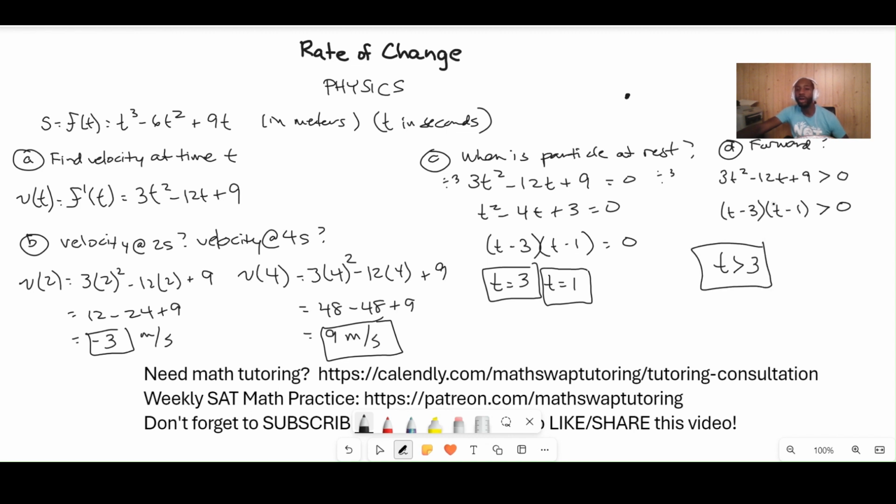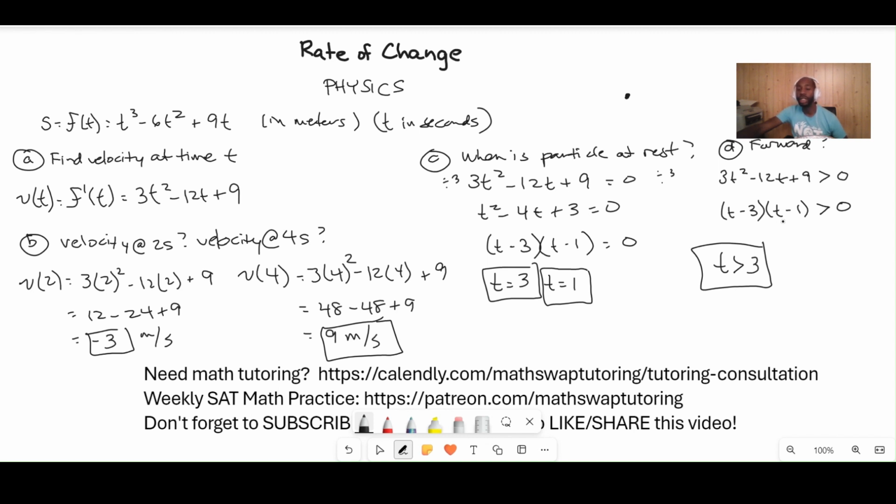So what about when we plug in 1? When you plug in 1, 1 minus 1 is 0, so this all goes to 0. If you plugged in 2, 2 minus 1 is 1, but then 2 minus 3 is negative 1. Is negative 1 greater than 0? No, so you can't say that. You can't necessarily say t is greater than 1, because that would include the value of 2, which can't be included.